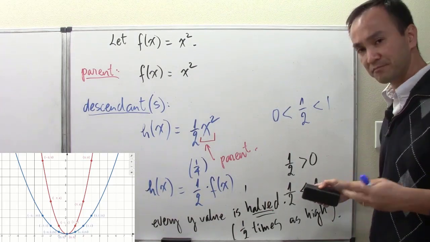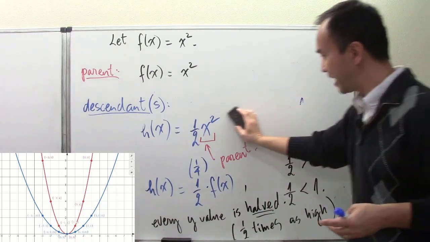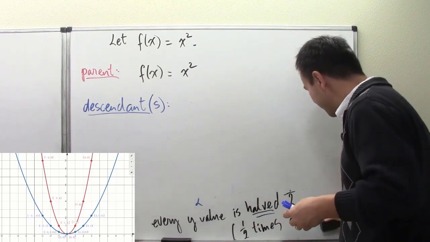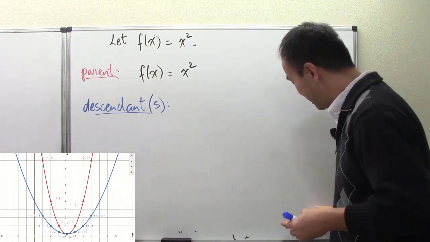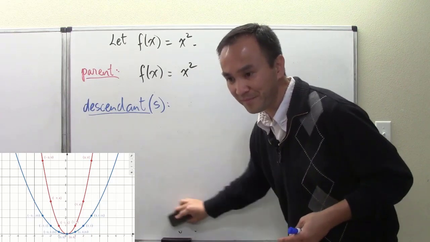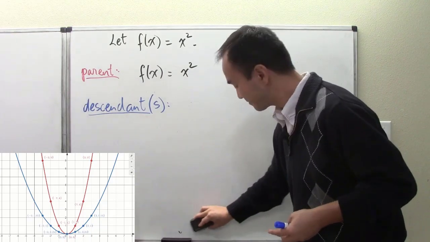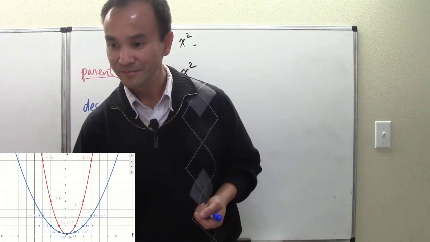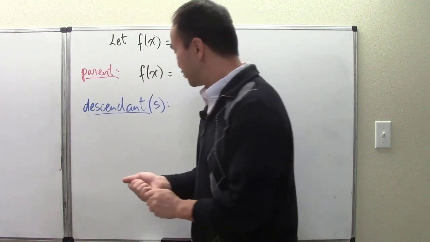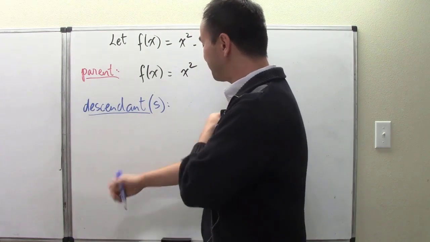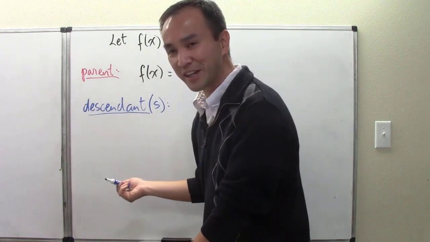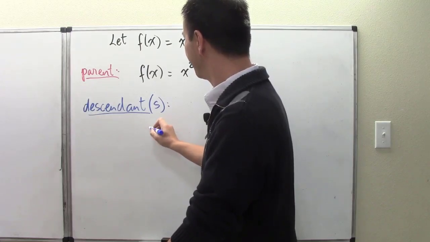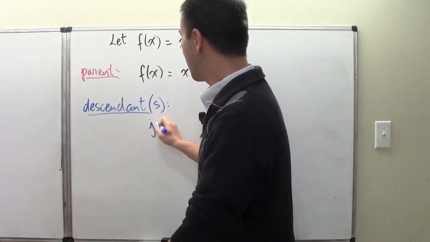So now I'm going to erase h of x, this descendant right here. Let's look into another one. Now I'm going to define, and eventually I'm going to be running out of letters, so let's call that j of x.